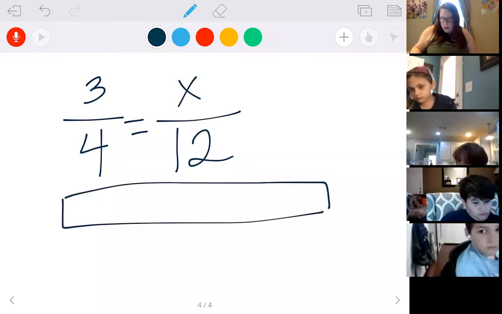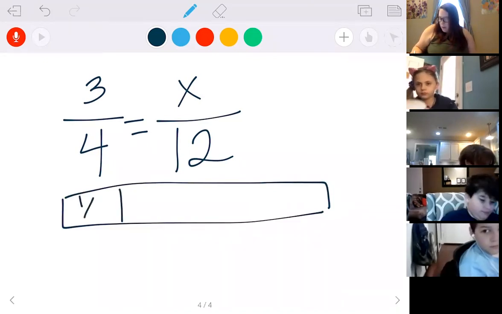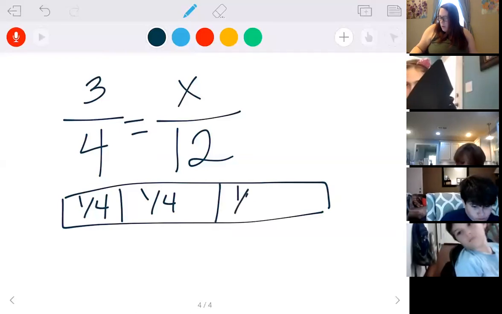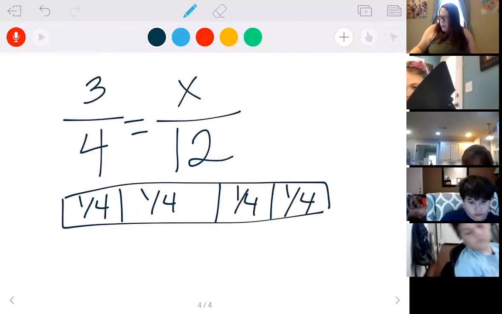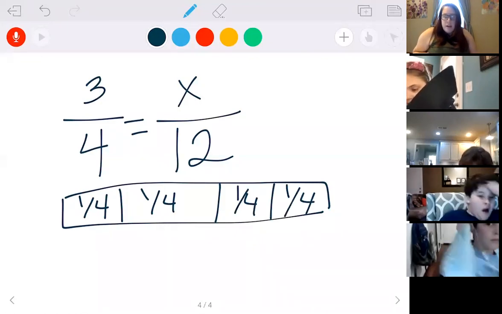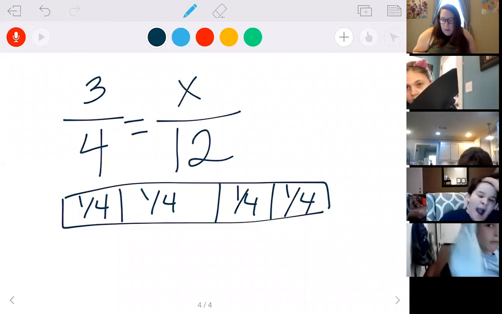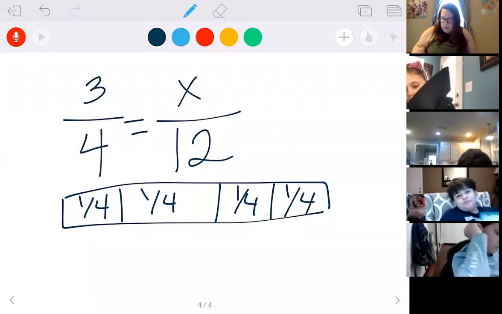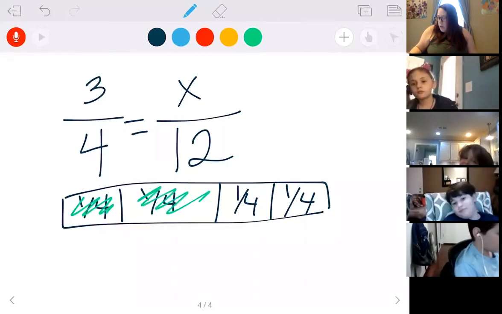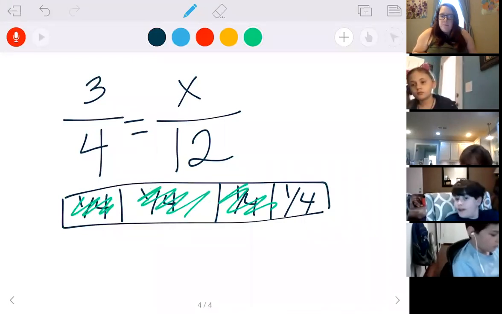We have 1/4 here, 1/4 here, 1/4 here, 1/4 here. Now mine aren't as equal as the graph because I'm drawing it free-handed. We want to know how many of the 1/12 is going to take to equal 3/4. So I have 1, 2, 3/4 here.